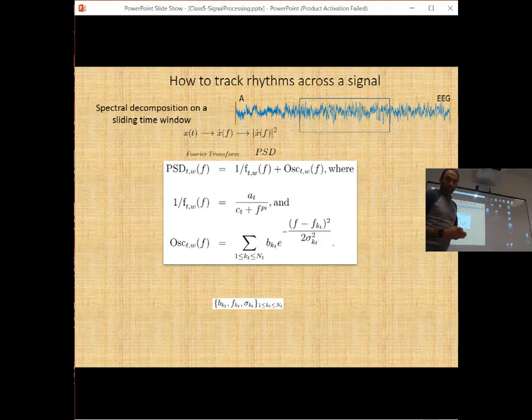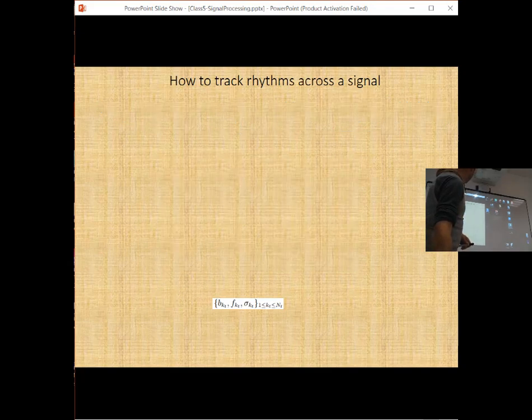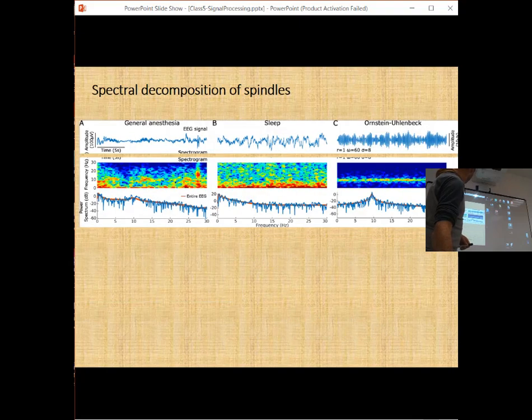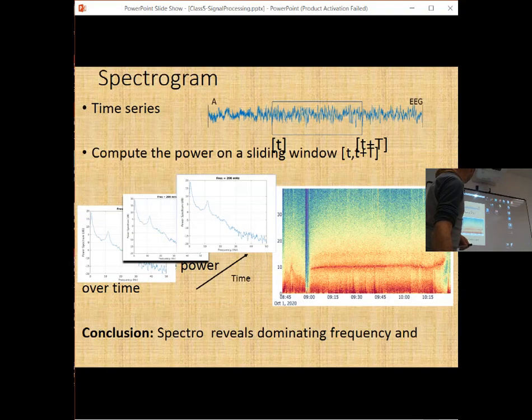can be decomposed. So let's go back to this power spectrum to have everything clear. I would like to decompose for each window the signal according to what you see in this power spectrum. In other words, I would like to say this is composed of a peak plus a decaying behavior.